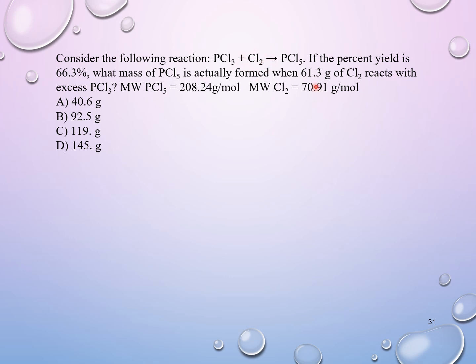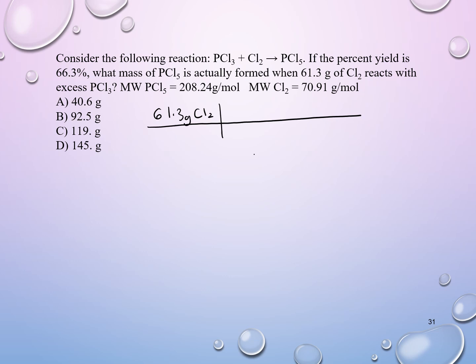First of all, you want to find out what it would be if it was 100%, because you can calculate that from the reaction. If I use all 61.3 grams of Cl2, how many grams of PCl5 can you make? That would be the theoretical yield, 100%.